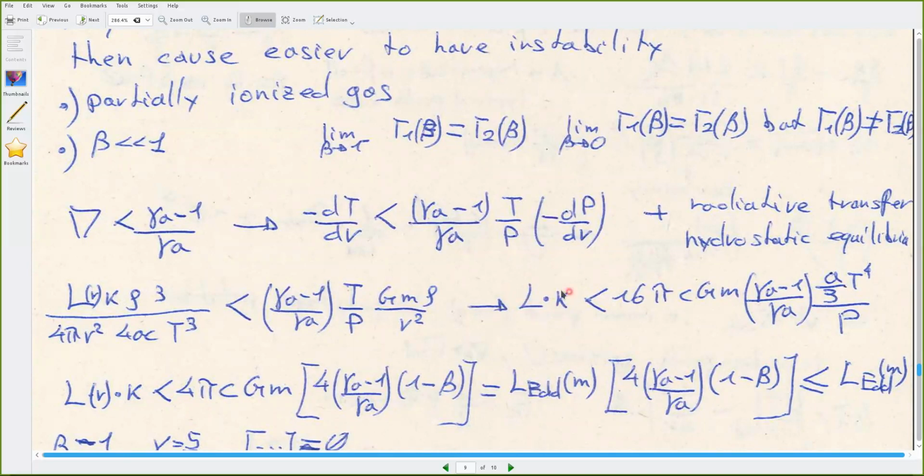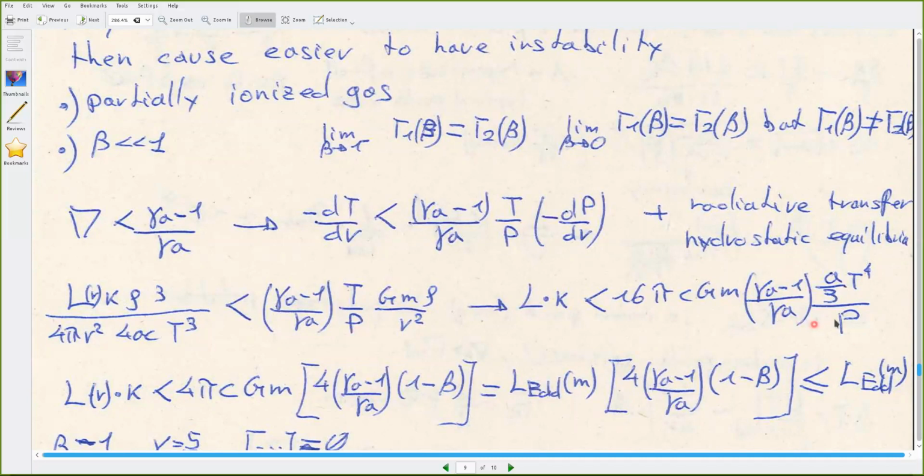a simple luminosity at a certain radius, not the luminosity outside, even if outside the core L is more or less constant, multiplied by the opacity, and it must be less than the constant, the mass and the radius, and the part due to the coefficient, and this one.